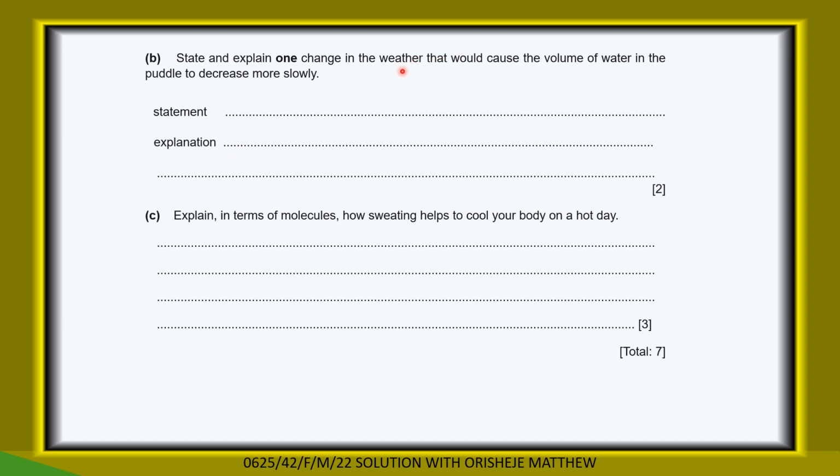So one of the critical factors is the temperature. So you have a lower temperature, like on a cool day. So if we have a cool day, what happens? The lower the temperature, the lower the rate of evaporation.